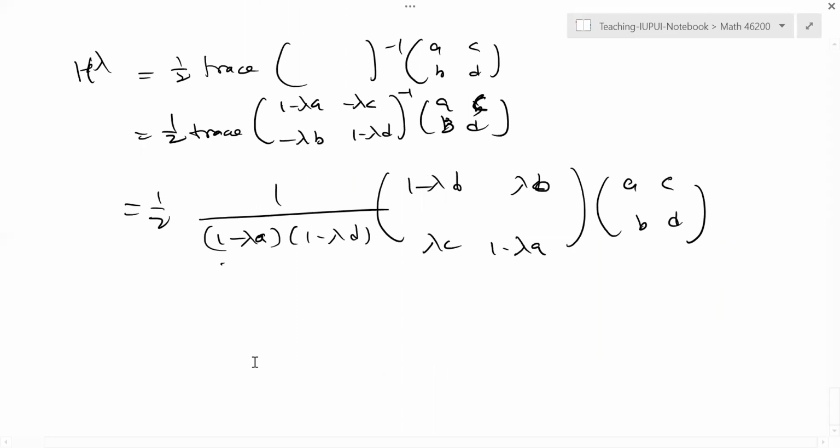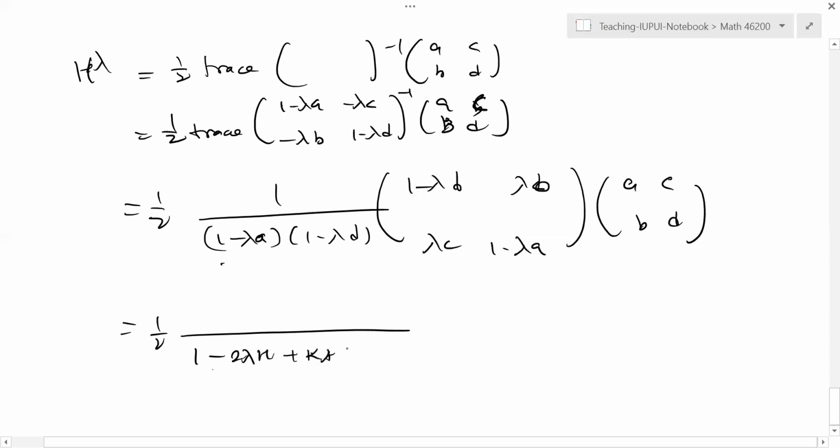Yeah, let's multiply this out. This is the denominator. The denominator is going to be 1 minus twice lambda H plus lambda squared K.